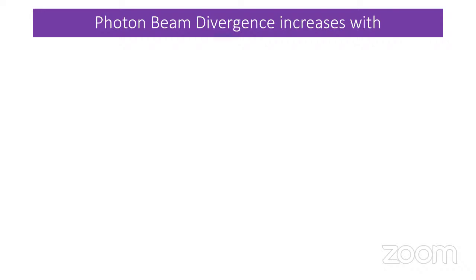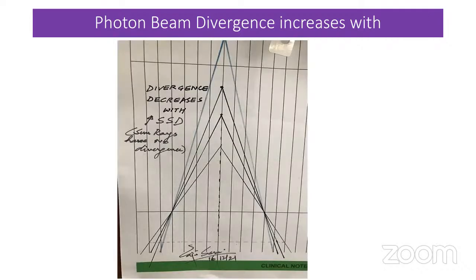Then when we talk about the SSD, how it correlates with percentage depth dose, people get confused because they have not understood the concept. Same way, for the divergence of photon, invariably people say divergence will increase with increasing SSD. I don't know why that answer comes intuitively to people, but I just want to show it with the diagram I put.